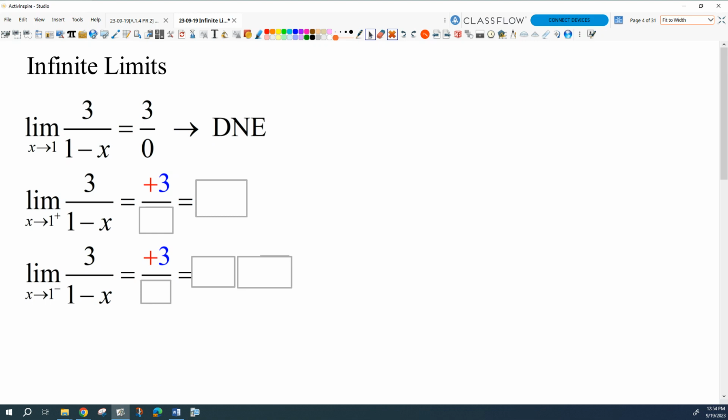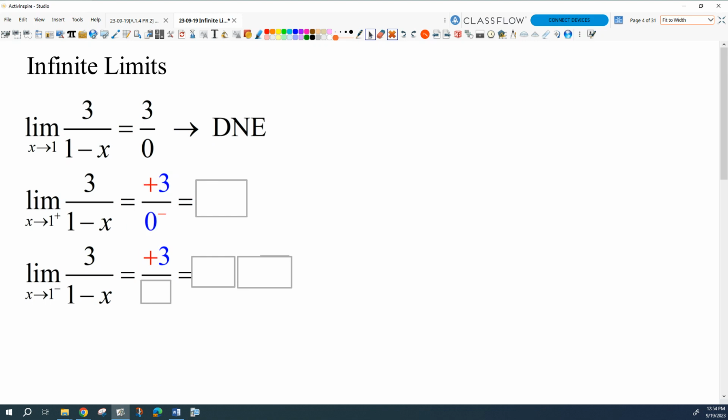What's that leave me with? You're on the right track, but what's 1 minus 1.1? I get negative 0.1, don't I? So you're right, it's going to be 0, but minus, not plus.